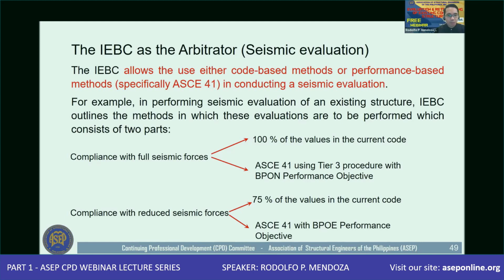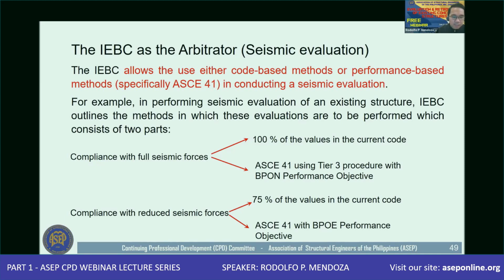Or if your work only requires the use of reduced seismic forces, then you are allowed by this IEBC code to use only 75% of the seismic load determined using the current code if you are using a code-based evaluation, or ASCE 41 with a building performance objective of BPOE.